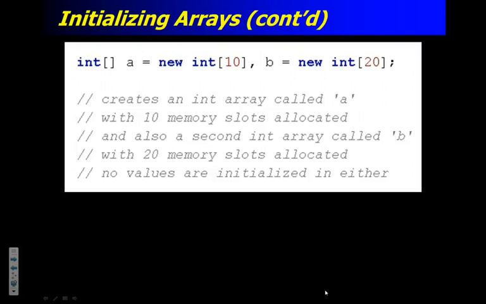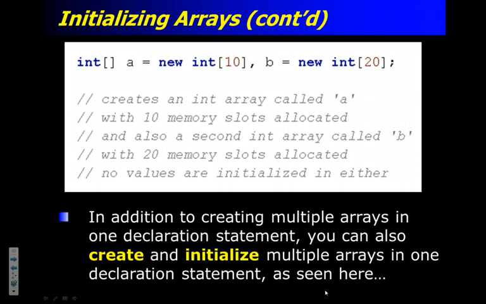Here I say int a equals new int 10, comma b equals new int 20. Here is where you take advantage of having the square brackets on the data type, because if you had them on the variable names, you'd have to put them there too, and that's 2 extra keys to type, and we're lazy and don't want to do that. And again, you could put a comma and keep making more and more arrays if you wanted to. It's just an option.